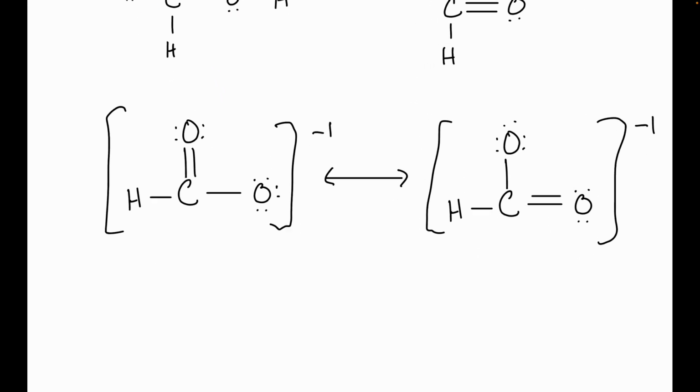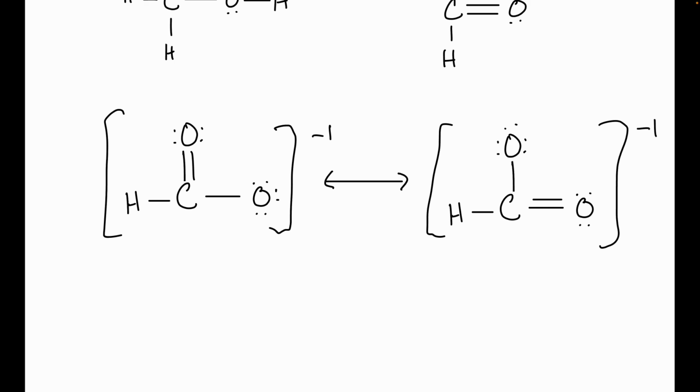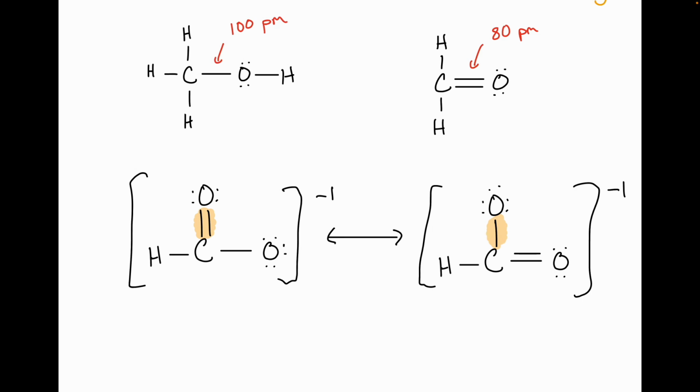Cool. All right. So importantly, if I'm looking at one of these carbon-oxygen bonds, let's pick this one right here. It's switching back and forth between being a double bond and a single bond in these resonance structures, all right? But again, saying it's switching back and forth is kind of a helpful way to think about it, but it's not completely true. Both of these structures turn out to be true at the same time because the electron's spreading itself out between both of those positions. So it's not like this bond is going from being long to short and long to short.